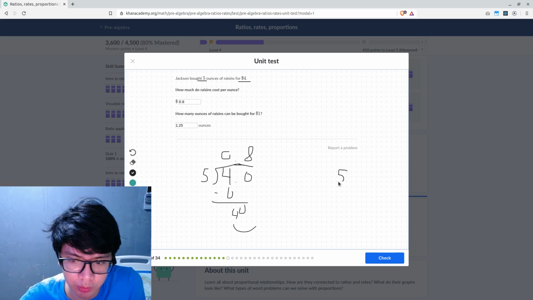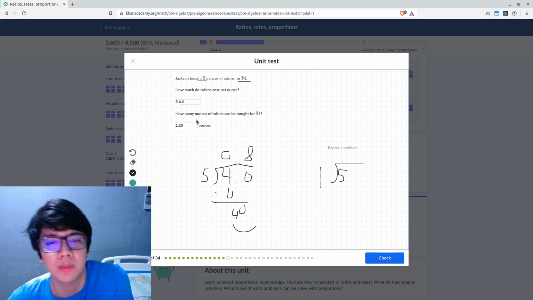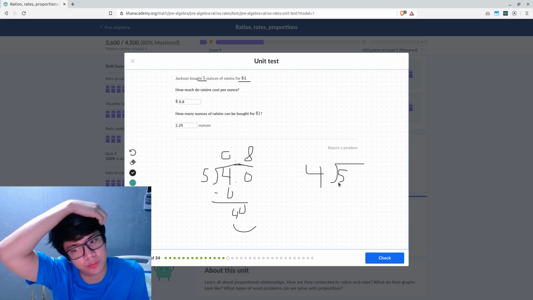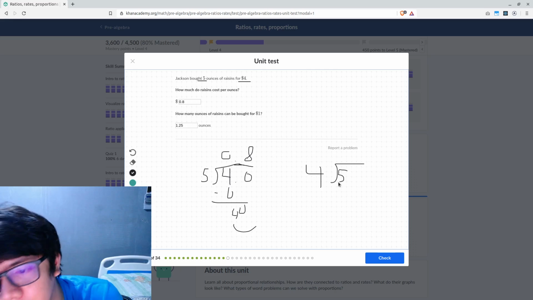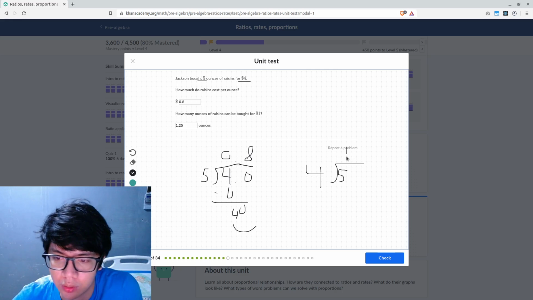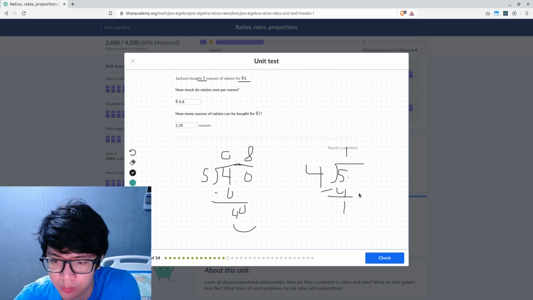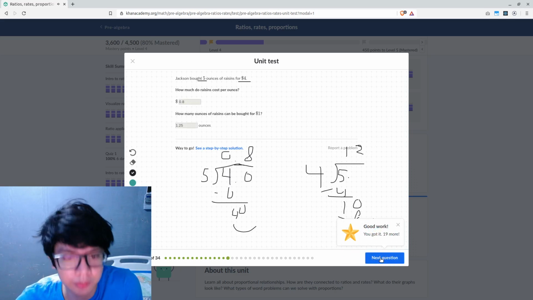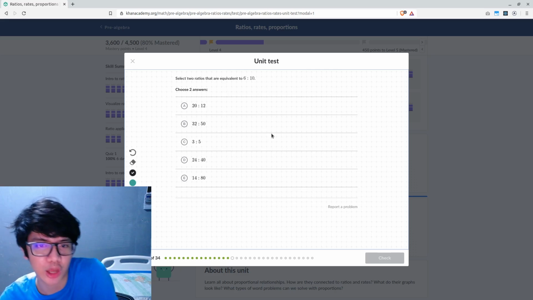And let's do the other way around. How many ounces of raisins can be bought for $1? So okay. 5 divided by 4. 1, 4, 1, 0, 2, 8, 25. Okay. This is making me insane.